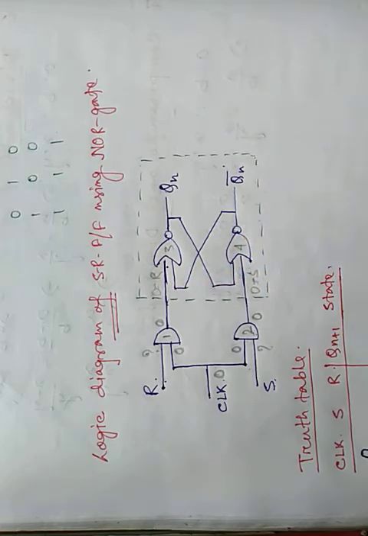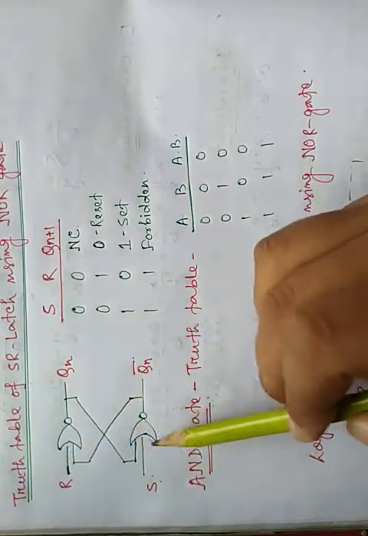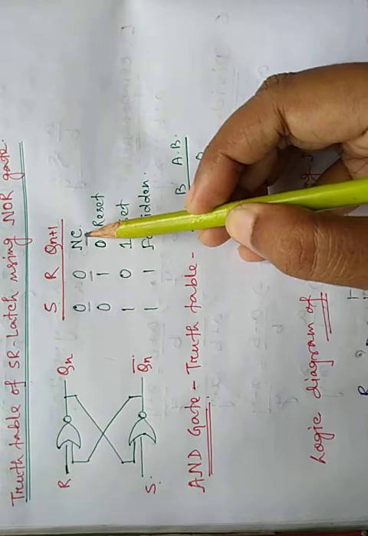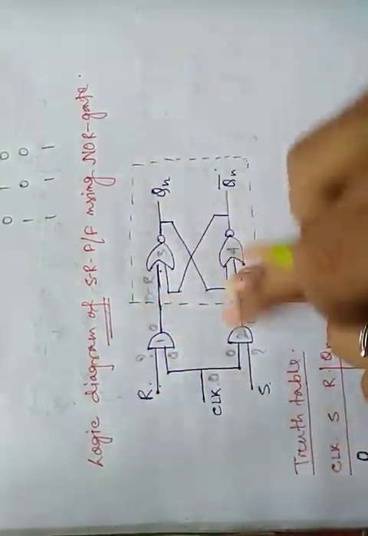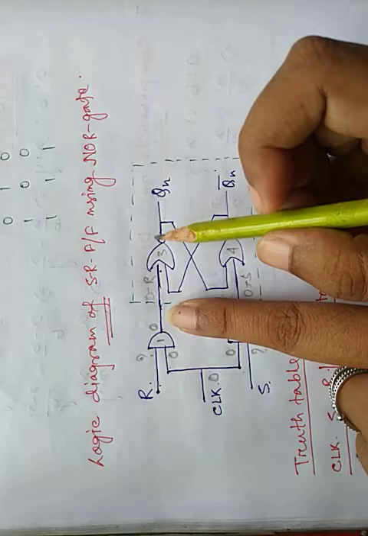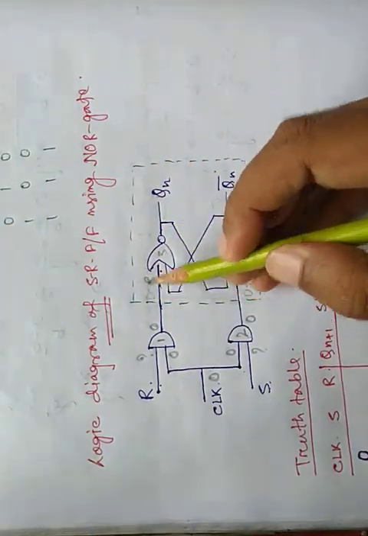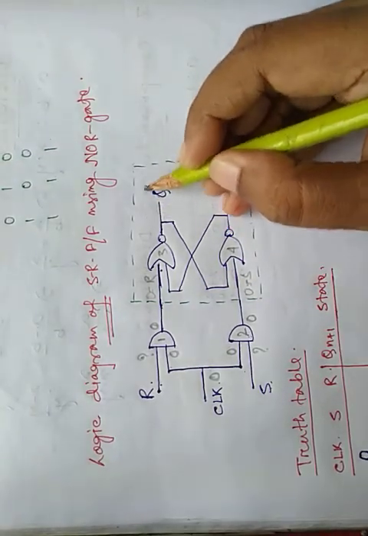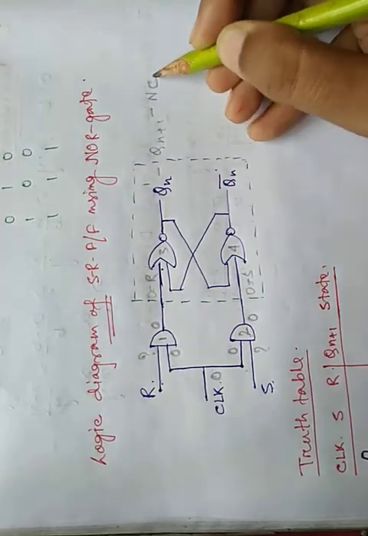So for R 0 and S 0, you can see that in an SR latch, the output is no change. We have already learned this portion of the truth table in our previous two videos. So here I am just taking the output state from the truth table. If R is 0 and S is 0, the output Qn plus 1 is no change.